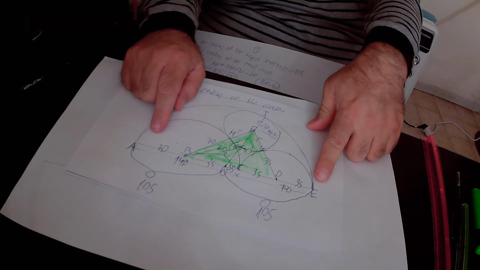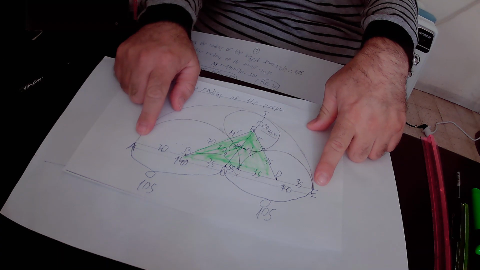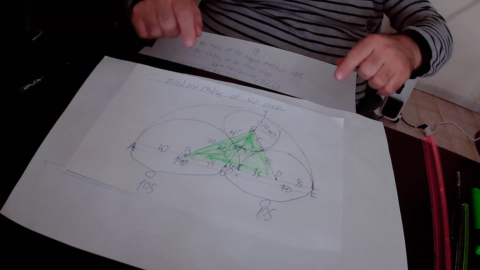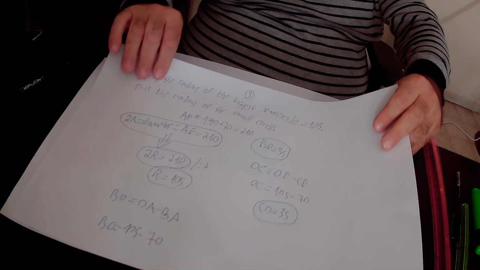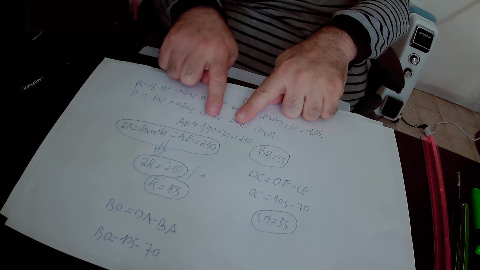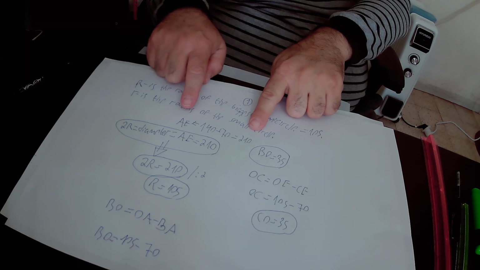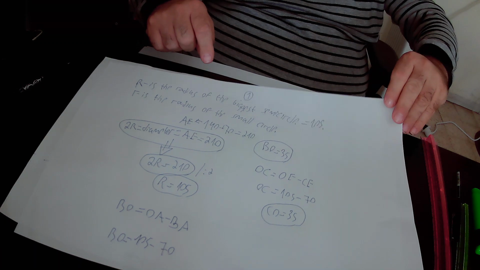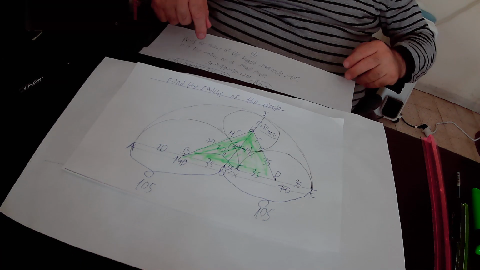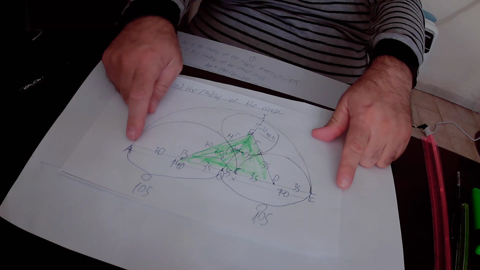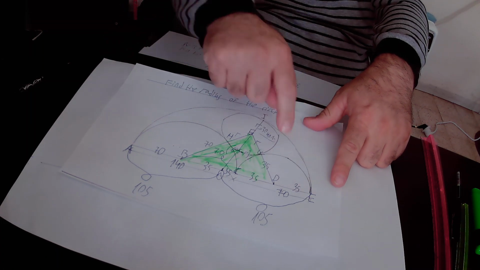It is given that AE equals 70 plus 140 plus 70 units, which is 210. So AE equals 210 units. But what is actually line segment AE? Line segment AE is also the diameter of the biggest semicircle.